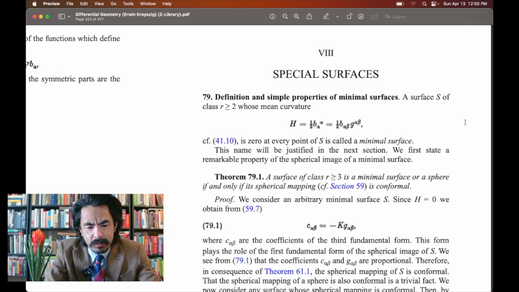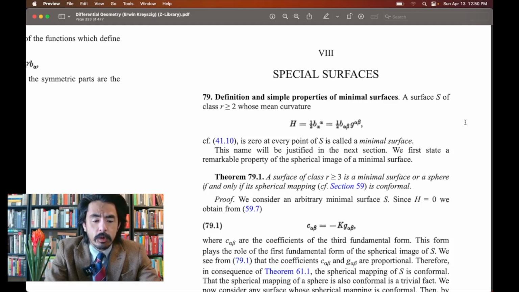So you're basically constraining the surface capital S to wherever it has this 0 mean curvature, and that is your minimal surface. So this name will be justified in the next section. We first state a remarkable property, an egregium property, perhaps, maybe that's a joke, of the spherical image of a minimal surface.